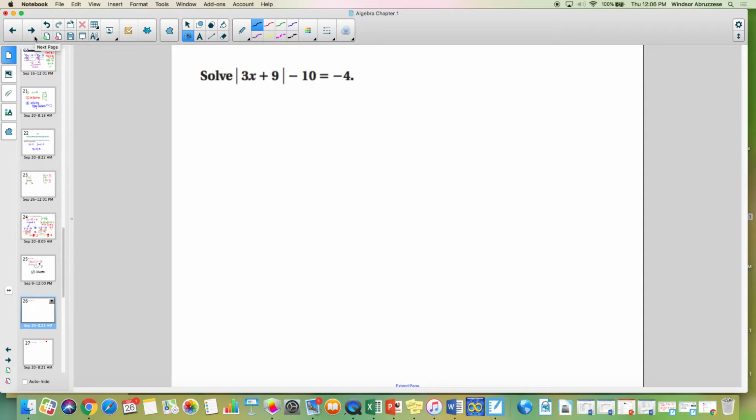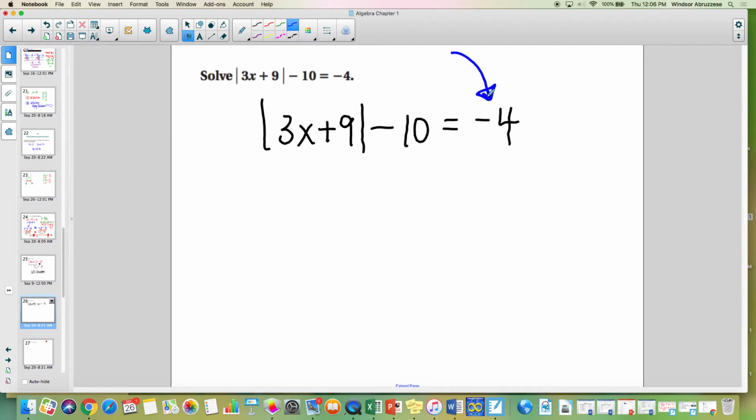Example number 3. I have the absolute value of 3x plus 9, minus 10, equals negative 4. So this one is a little bit different. Even though it is equal to a negative, and I kind of want to go in the no solution direction, I can't just yet because I need to eliminate this negative 10.